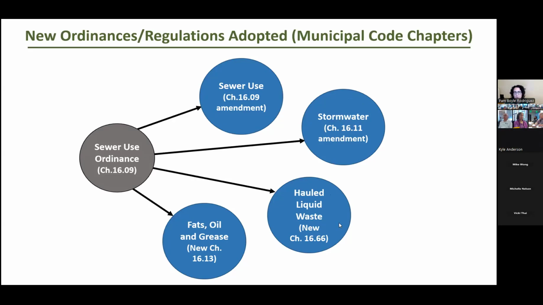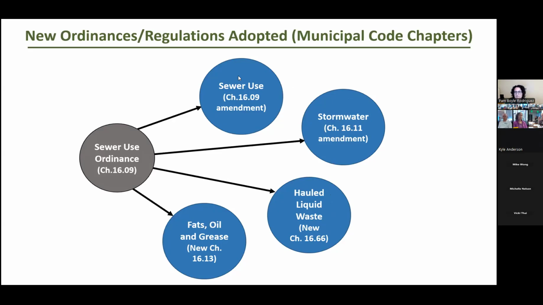We have hauled liquid waste, which is for the septic haulers that use the treatment plant. And then we have fats, oil, and grease, which is related to what's required of food facilities, including restaurants, hotels, and others that have kitchens in Palo Alto. They have to follow these certain requirements.